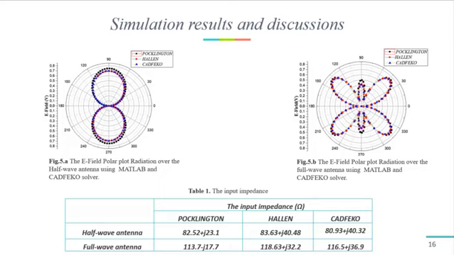According to the same figure, it is clear that the simulation results obtained by MATLAB code and CAD code are practically identical, and the maximum E-field obtained for the half-wave antenna at the resonance frequency is about 0.696 volts and about 0.727 volts for the full-wave antenna.